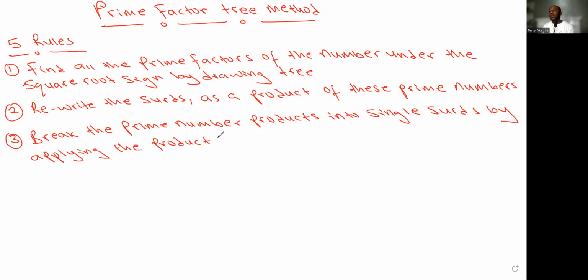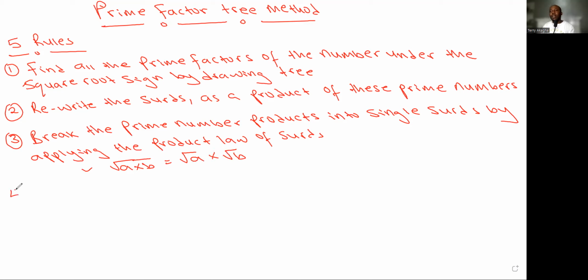That is the first law. I told you that the square root of a times b is equal to the square root of a multiplied by the square root of what?